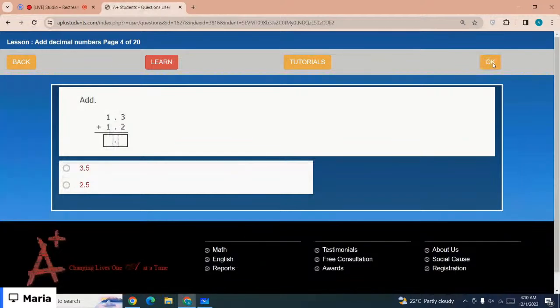Okay, add 1.3 plus 1.2, which is the correct option? Very good. The correct option is 2.5, right?